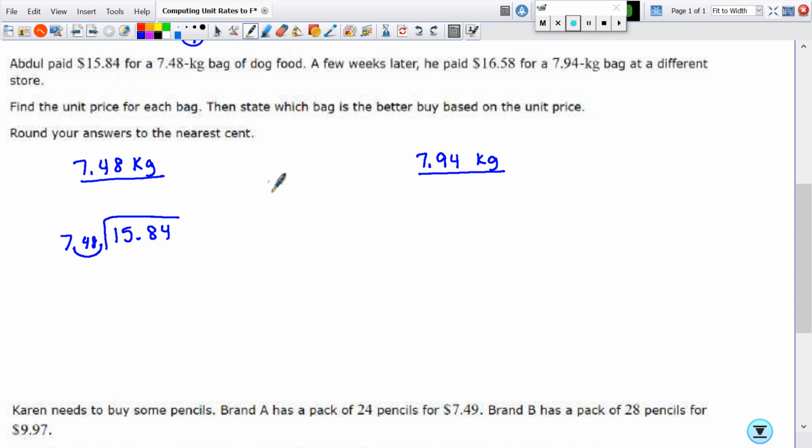So 748, you're taking the decimal away. You jumped over 2 numbers here, so inside you have to jump over 2 numbers. So I'm actually going to make it 1584. And then I'm going to do 3 decimals because I'm rounding to the nearest cent, and we've already talked about why you have to do that.